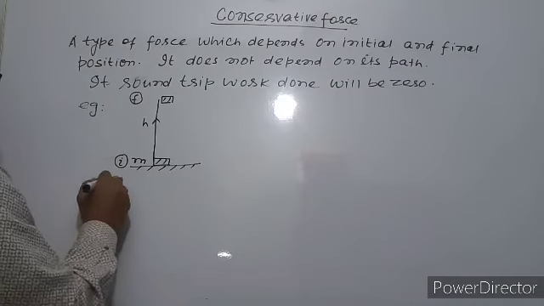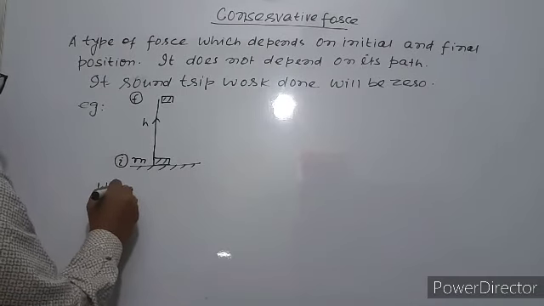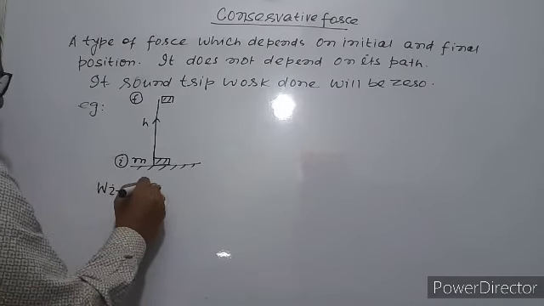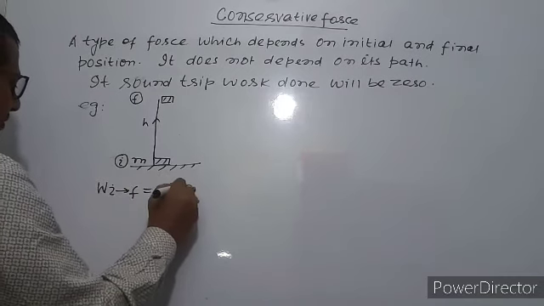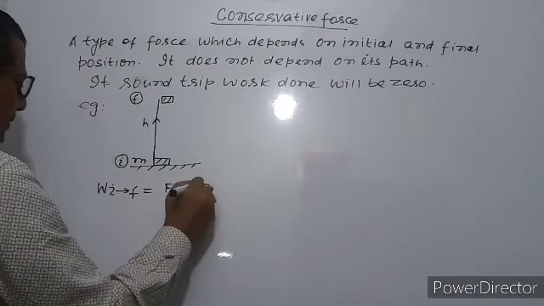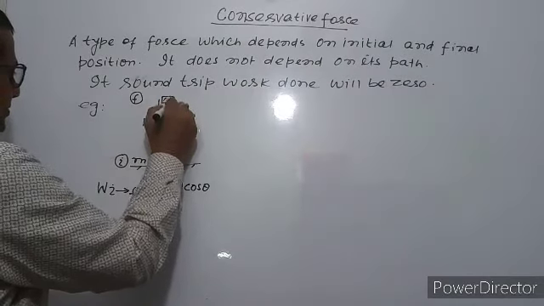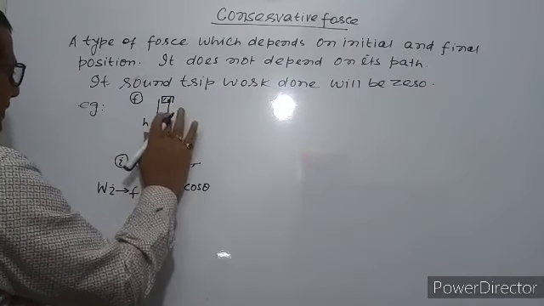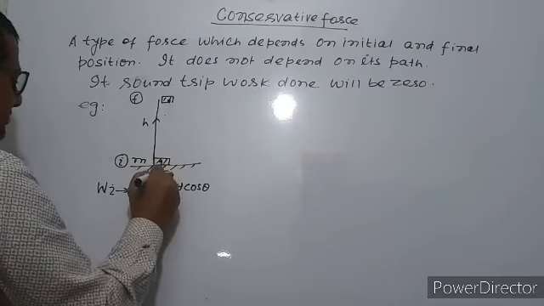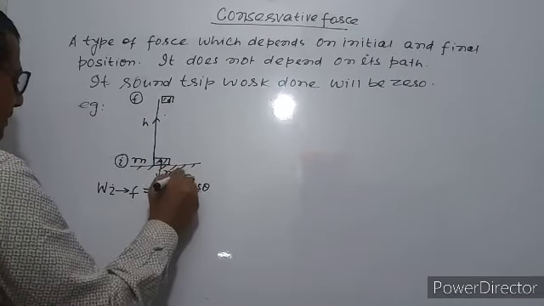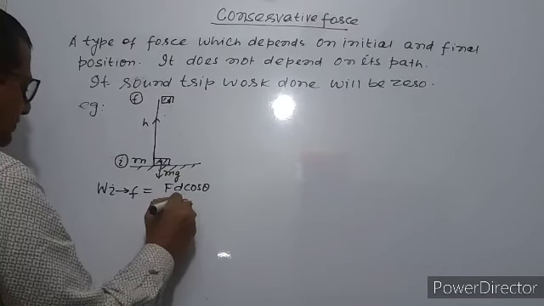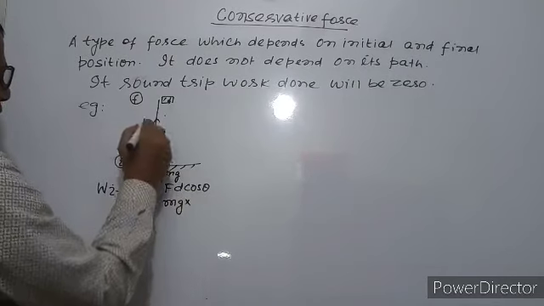Work done from initial to final is equal to Fd cos theta. Here F is equal to mg, so this will be equal to mg, d equal to h.